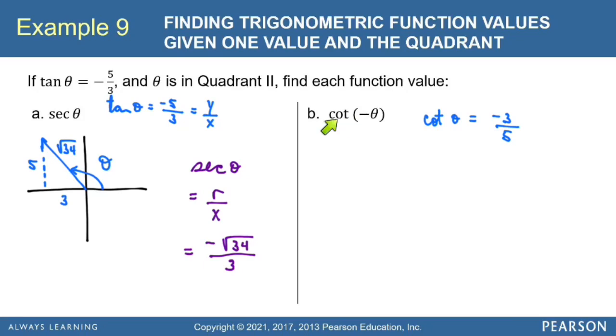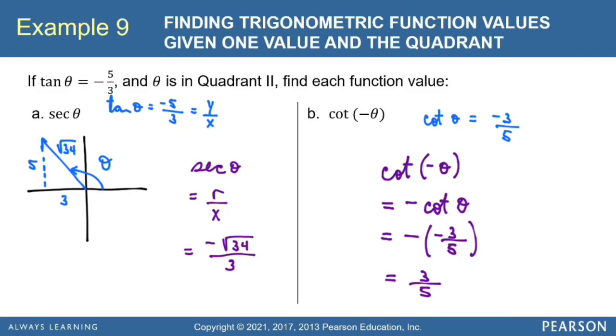And that says that the cotangent of negative theta is equal to the opposite of the cotangent of positive theta. Well, the cotangent of positive theta was negative 3/5, so the opposite of negative 3/5 is going to be positive 3/5. And so the cotangent of negative theta is positive 3/5.